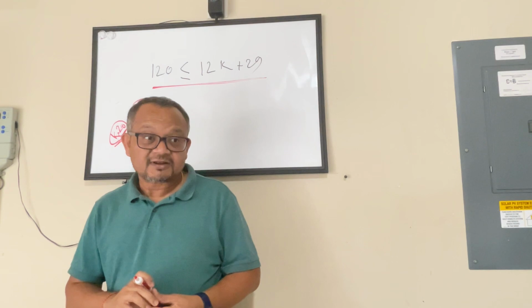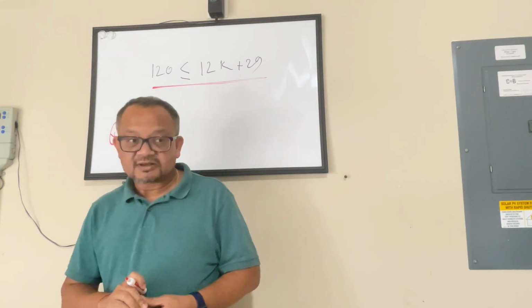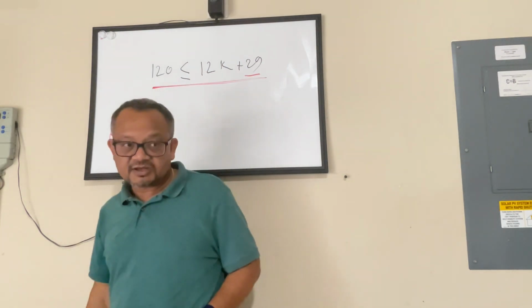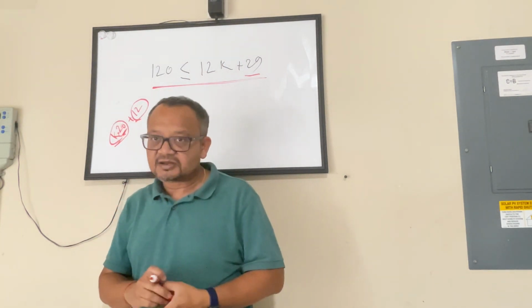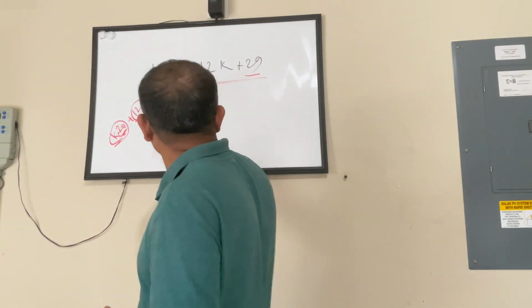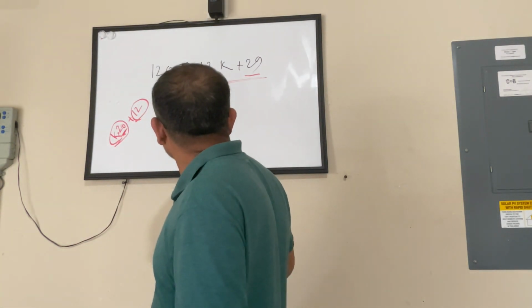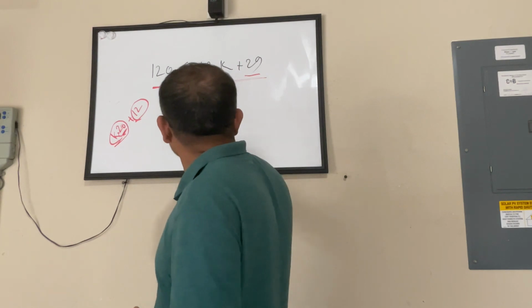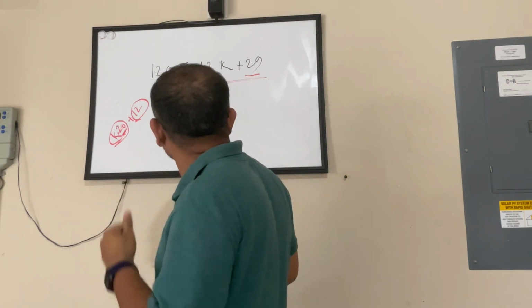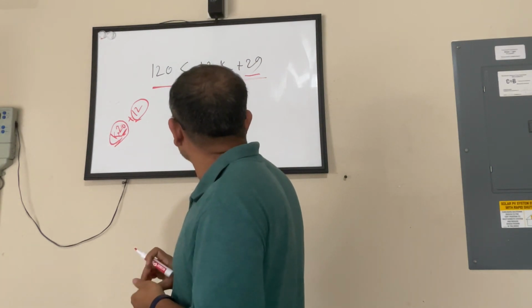Felicia has 29 buttons in her collection. She will collect 12 new buttons every year. Felicia collects buttons for K years. For what value of K will Felicia have at least 120 buttons?